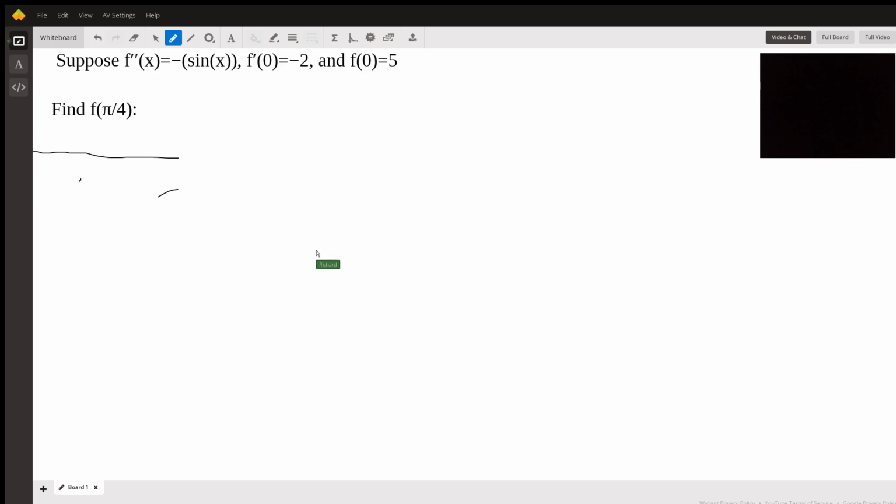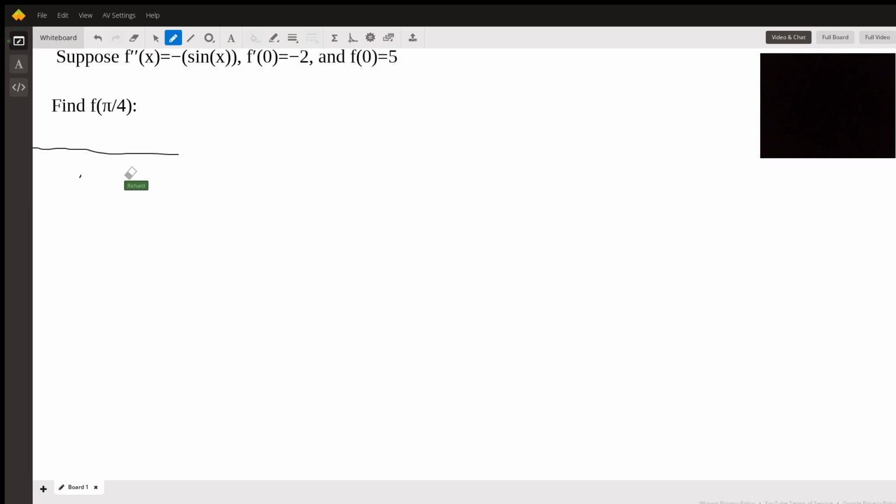We'll start with f double prime of x, the second derivative, which is equal to negative sine of x.